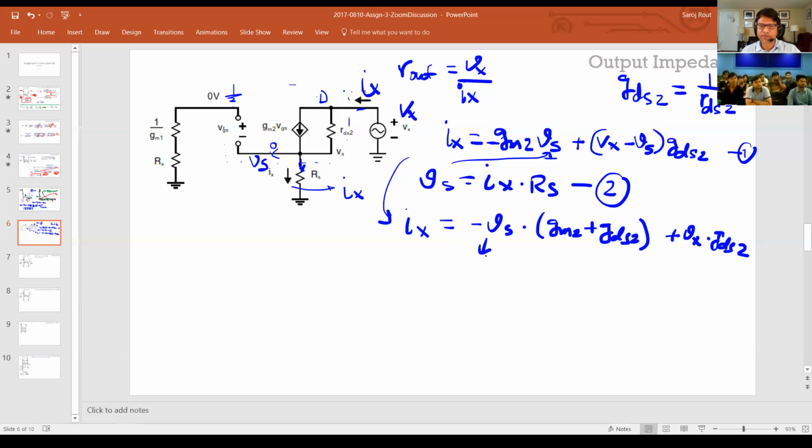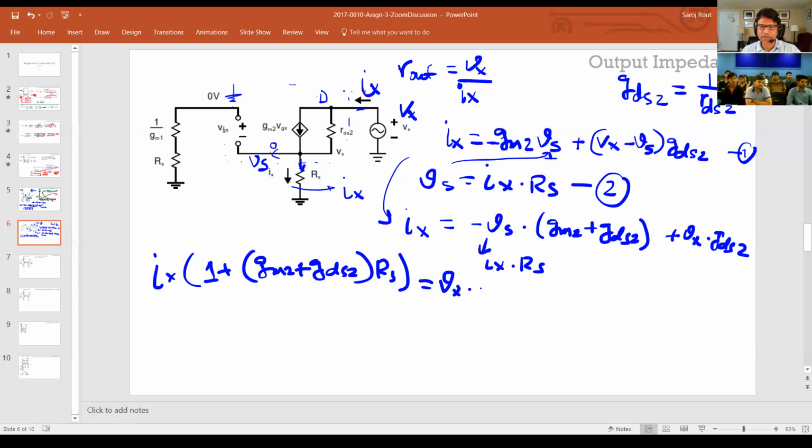And substituting Vs as Ix times Rs and reorganizing, it'll be Ix times (1 plus (GM2 plus GDS2) times Rs) is equal to Vx times GDS2, right?